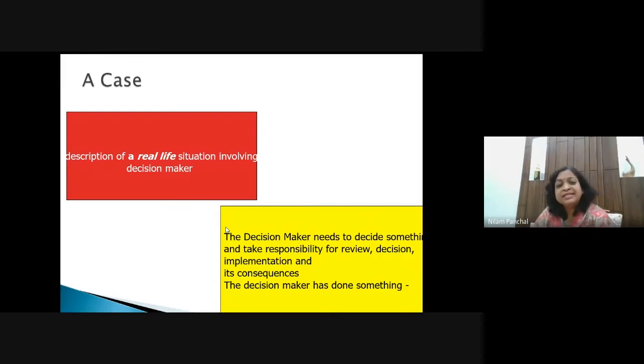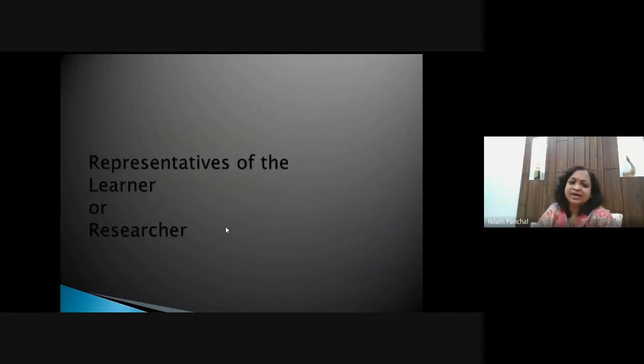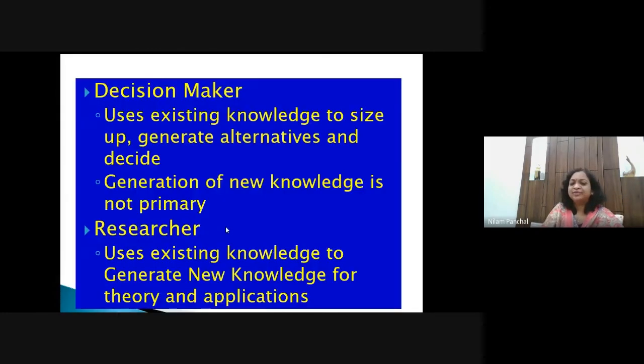So it is very, very necessary to know our role as a case writer. We are representatives of both: one is a researcher, and the second is a learner. So what you need to do is separate the decision maker from the researcher in terms of their role.